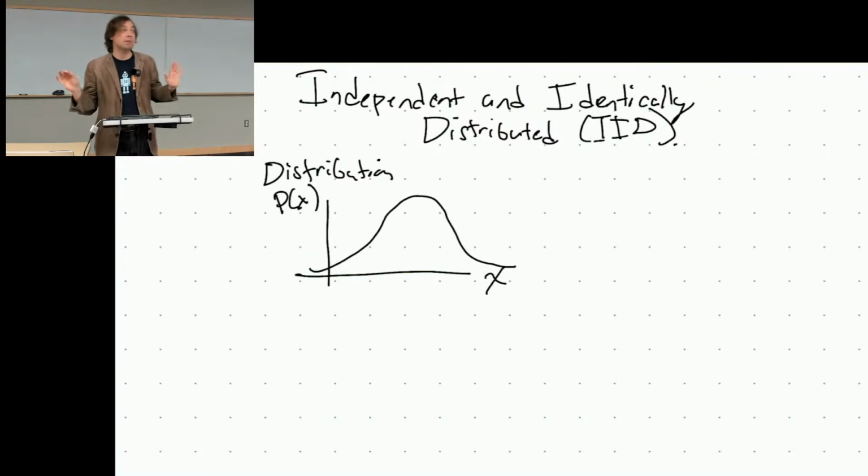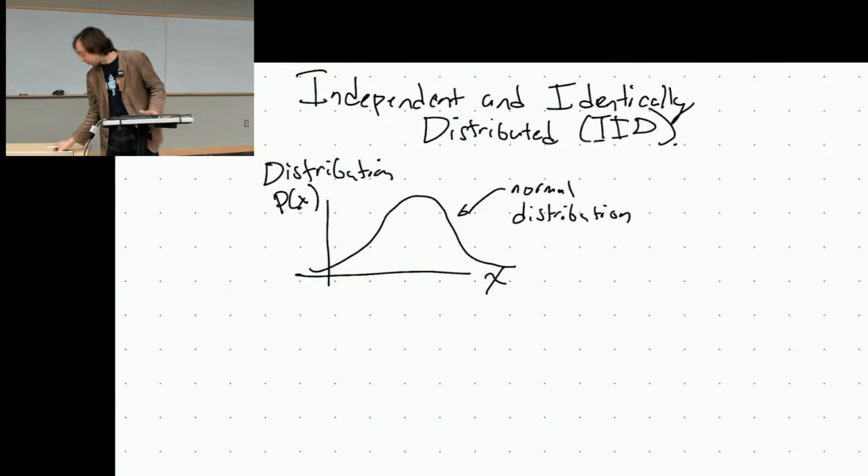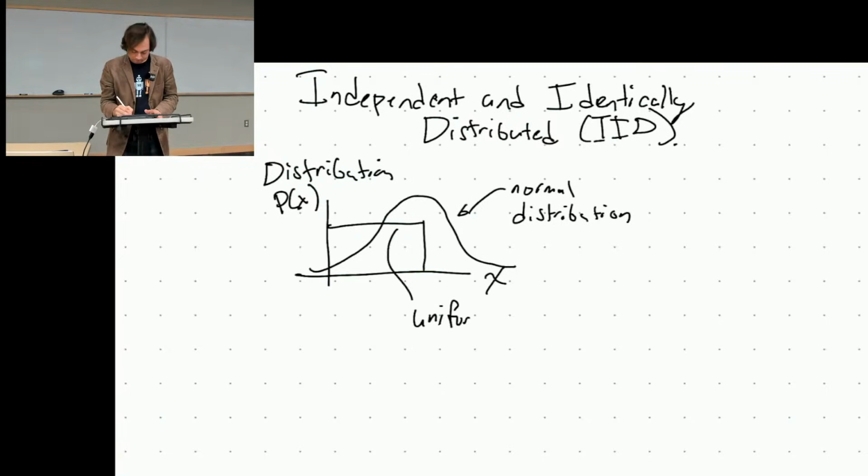Looks like maybe a bell curve. Okay? That's a normal distribution. You could also have, over a certain interval, flat and down. That's a uniform distribution.